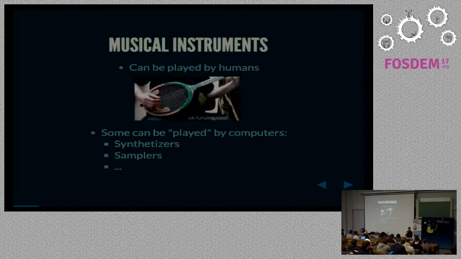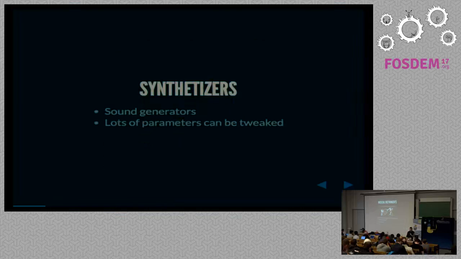So musical instruments can be played by humans, but some can be played by computers, for instance, synthesizers and samplers. Synthesizers are essentially sound generators, so it means that lots of parameters can be tweaked and automated.